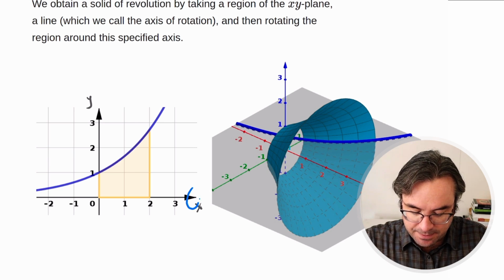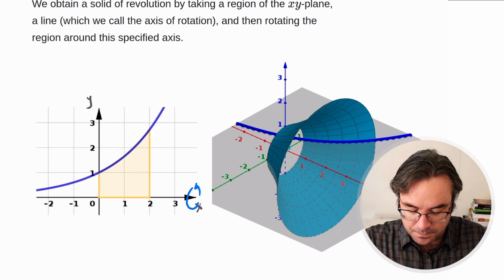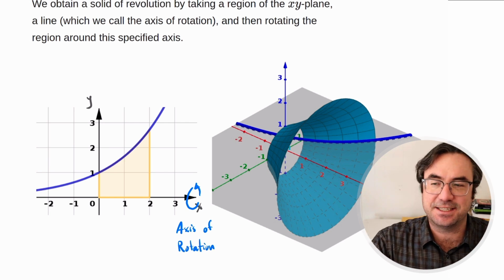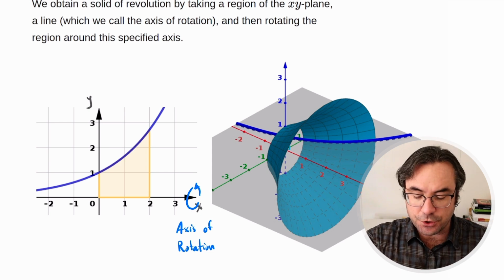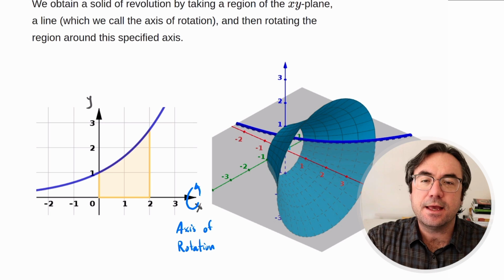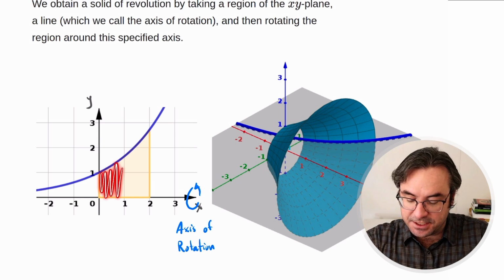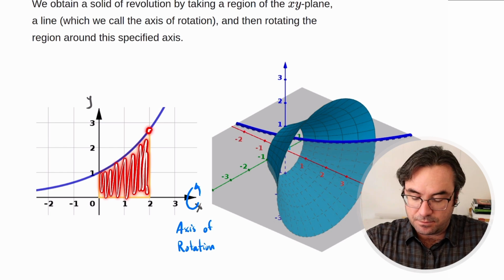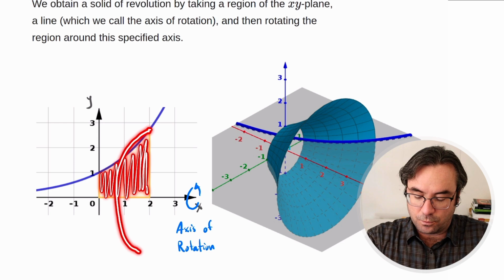So for this example, the way this picture is drawn, our axis of rotation is the x-axis. What we're doing, essentially, is taking this entire region and imagining rotating it.